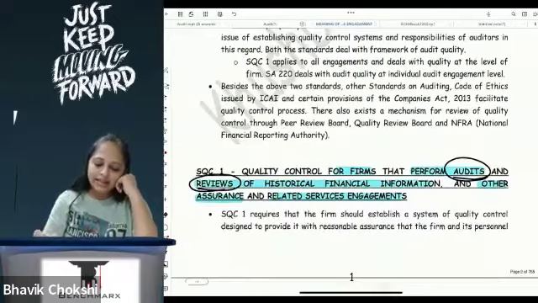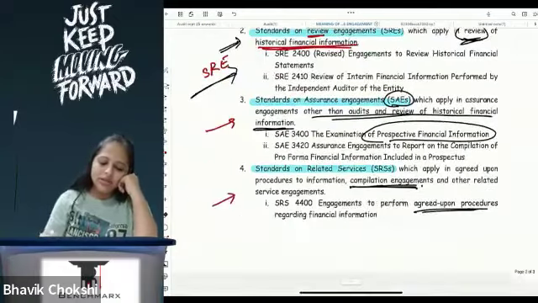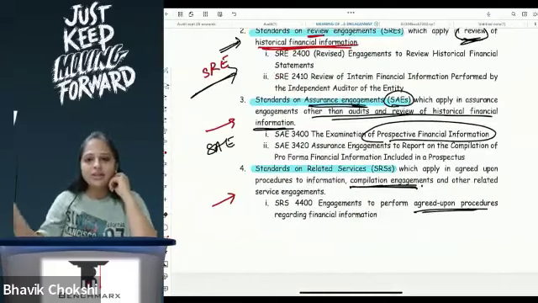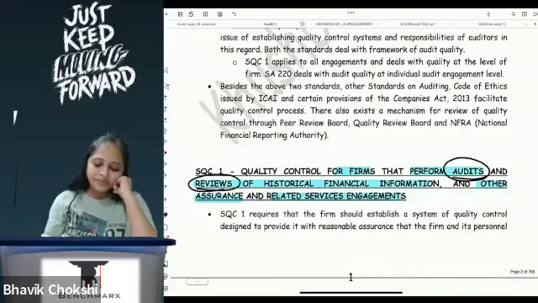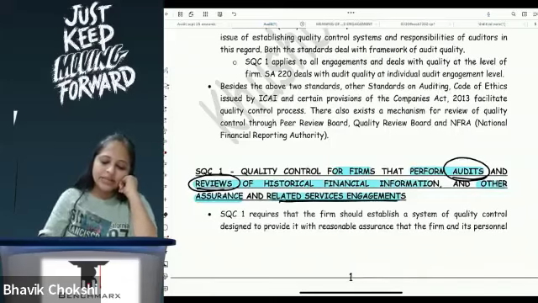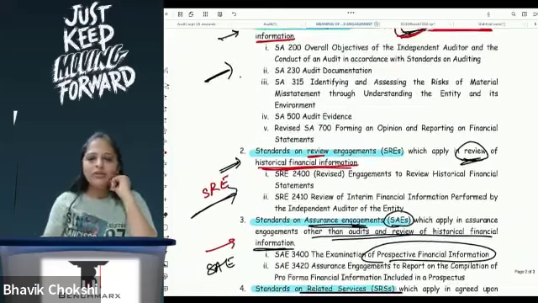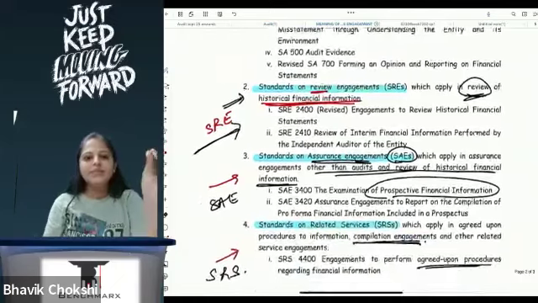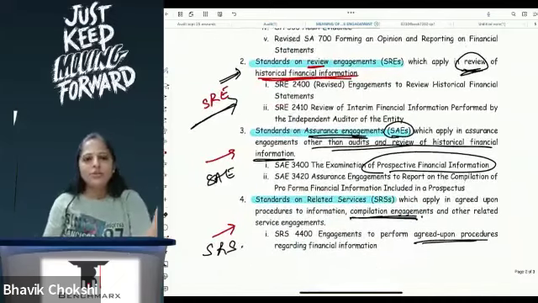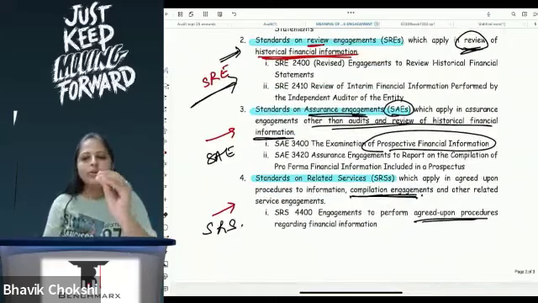Then he is saying that we will do other assurance, which means that we are talking about our SAEs on assurance engagement other than historical financial information, and related service engagement. So I am talking about my SRSs. So my quality control, whether you are doing a SA, whether you are doing a SRE, whether you are doing a SAE, or whether you are doing a SRS, this is the quality control.